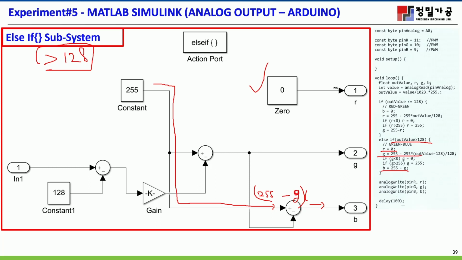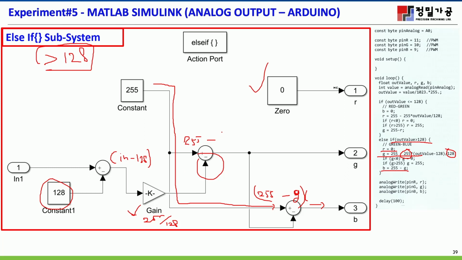And what is green? Green is constant 255 minus this signal. And this signal is input minus 128, multiplied by 255 divided by 128.